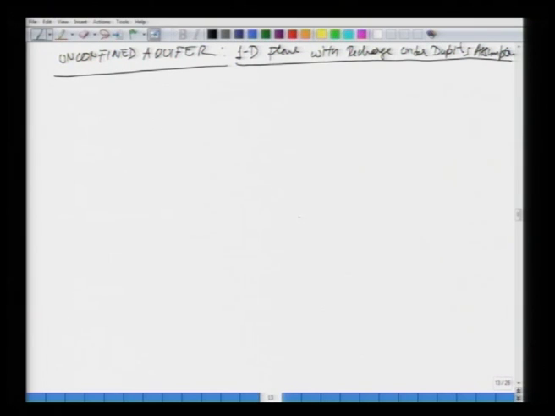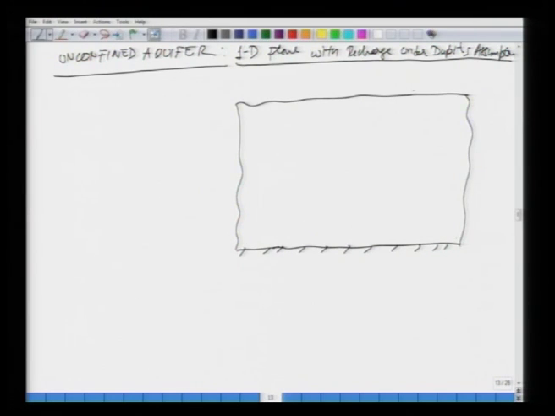So, I will first look at the schematic. We have a similar situation in which this is your ground.